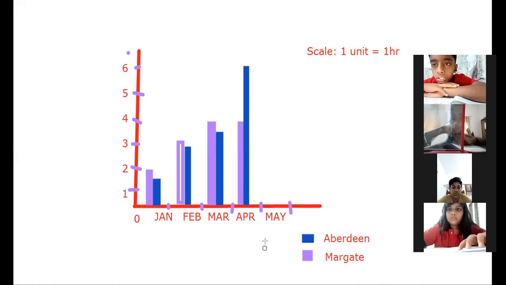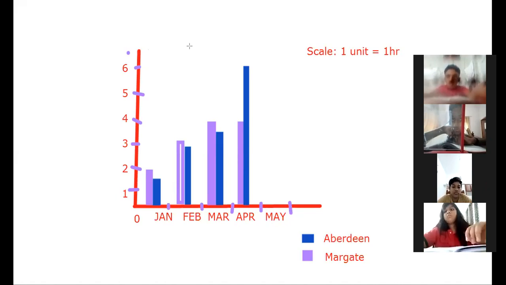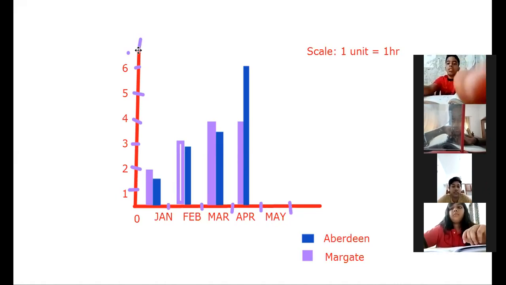Then what about May? It should be 7 3/4. Where should we locate 7 3/4? Maybe in between 7 and 8. I am just extending this line.